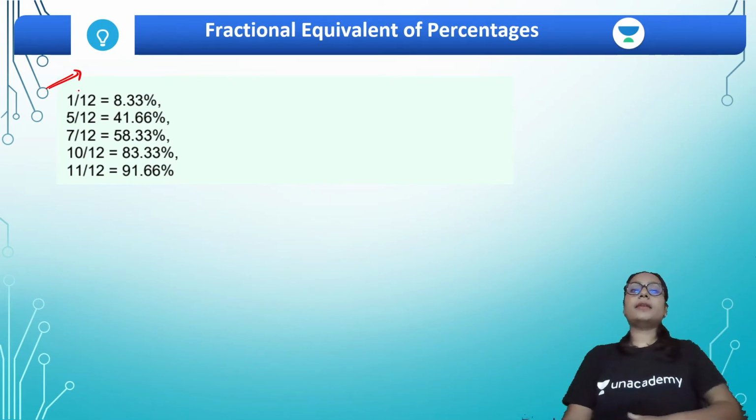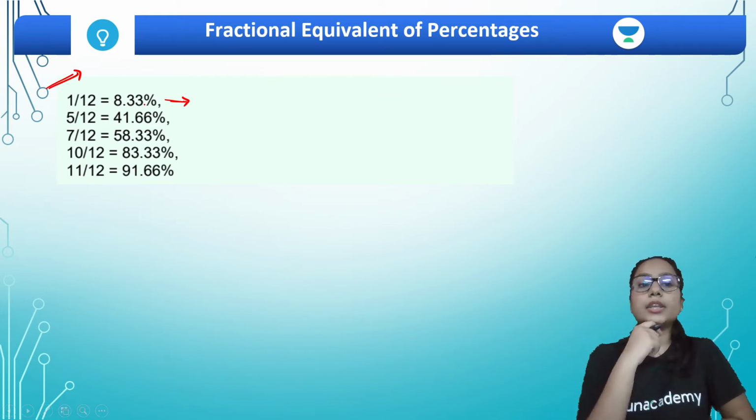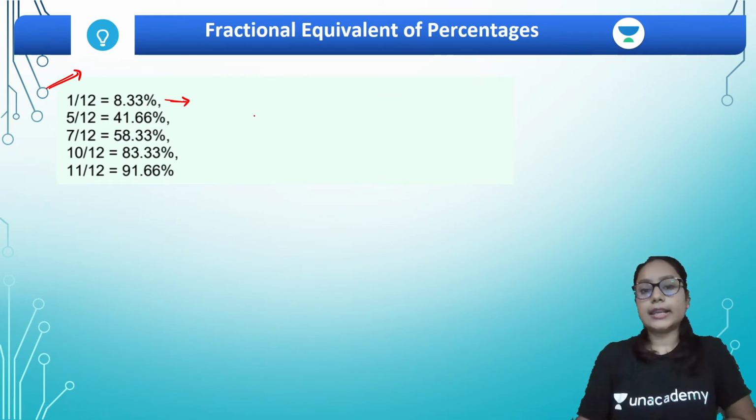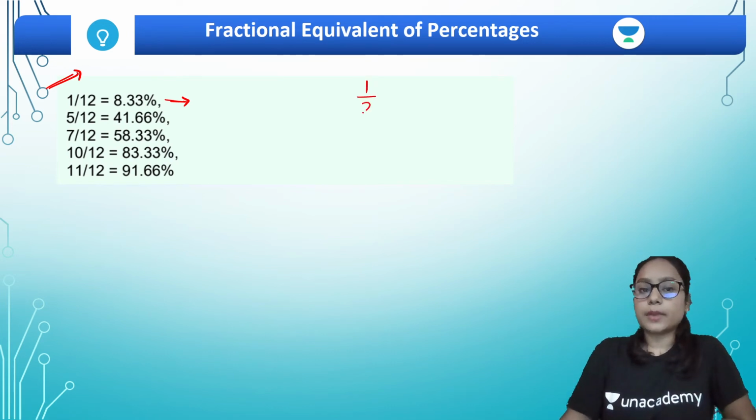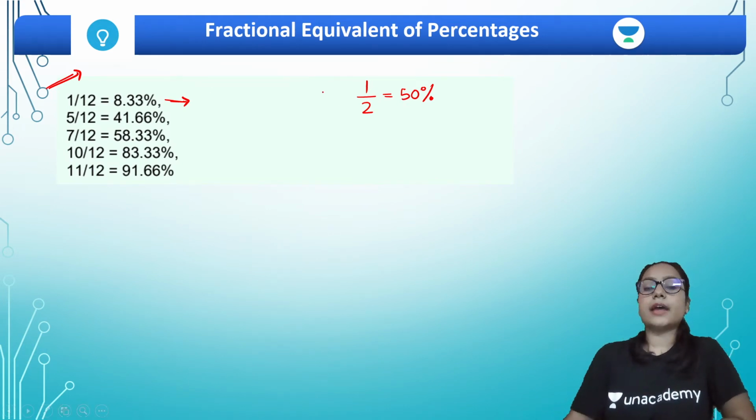So you have 1 by 12. 1 by 12 is equal to 8.33%. How can you get 1 by 12? You know what 1 by 2 is. That is 50%. Can we get 1 by 12 from this value? Please think about it.